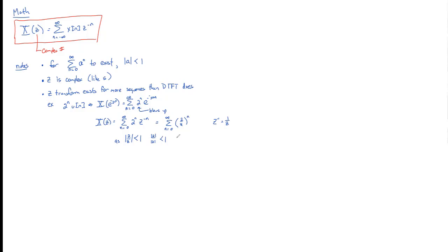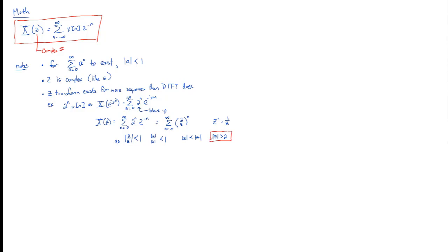So you can multiply both sides by the magnitude of z. Of course, the magnitude of 2 is 2. So that just means that the transform exists as long as the magnitude of z is greater than 2. So as long as this is true, the z transform exists.